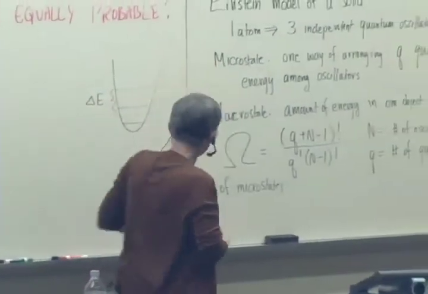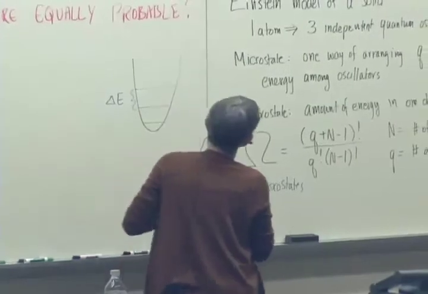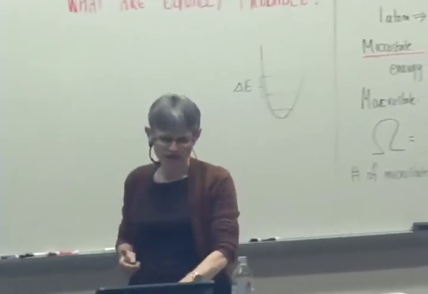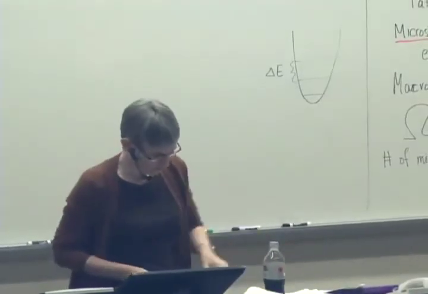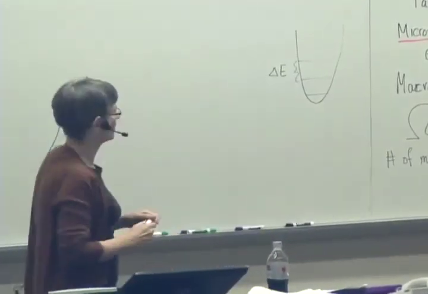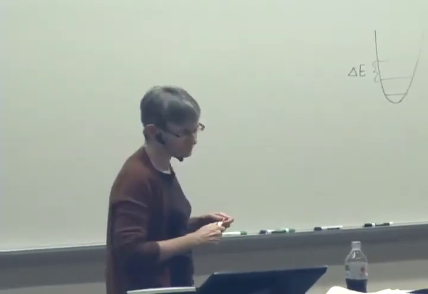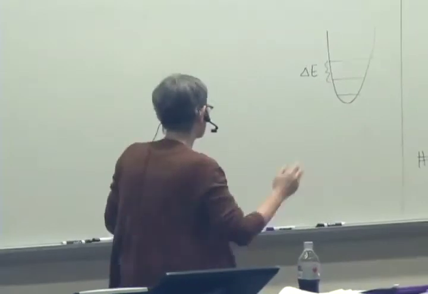And we've used the word microstate to talk about one way of arranging some number of quanta of energy among however many oscillators we've got. So last time we counted microstates.